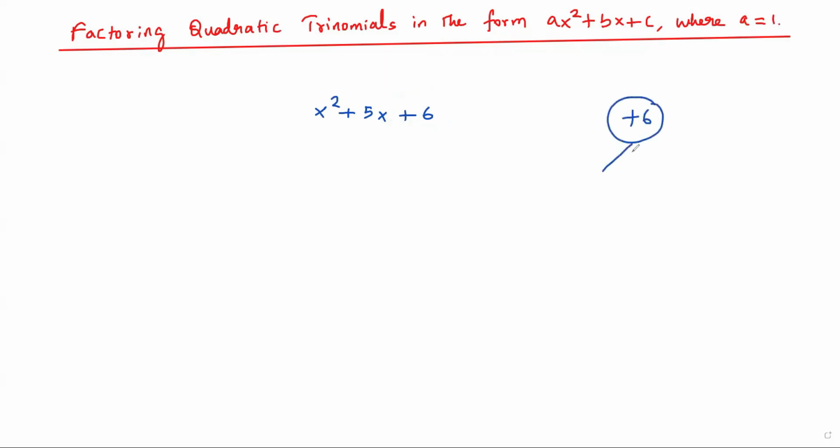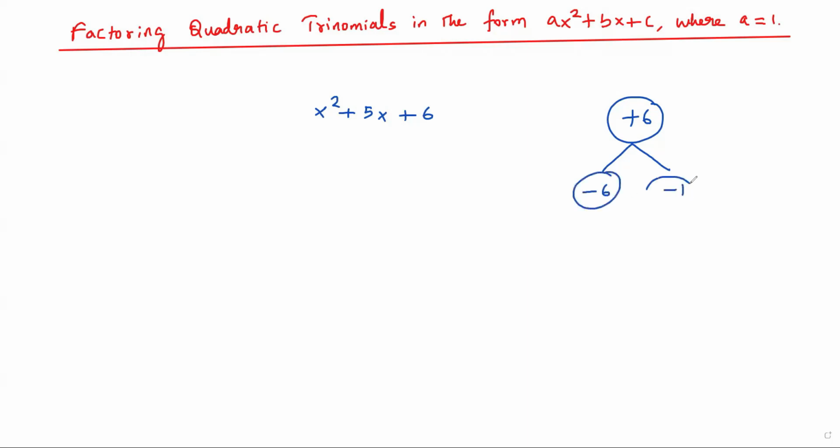Now I have to get two factors for this positive 6 such that the product of the two factors must be equal to positive 6 and the sum of the two factors must be equal to the coefficient of x, which is positive 5 in this case. To get such two factors, sometimes we may have to apply trial and error. For example, I may try negative 6, negative 1.